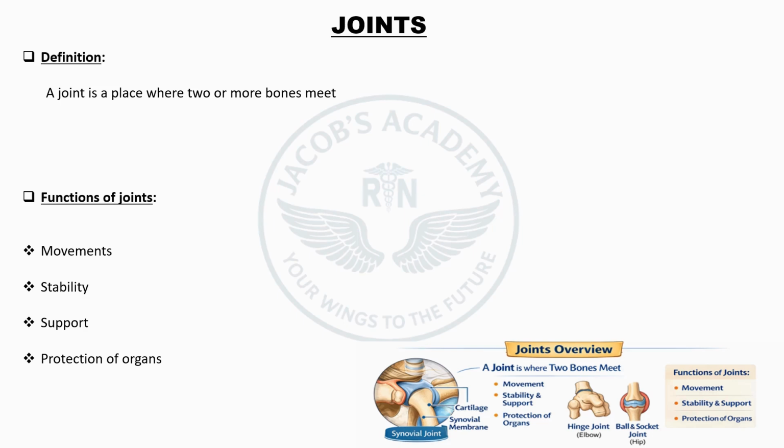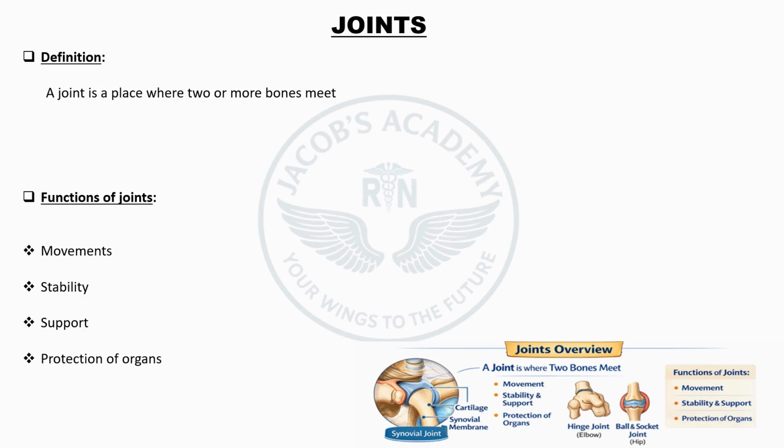Secondly, joints provide stability, particularly in weight-bearing areas such as the hip and knee. This stability helps maintain posture and balance. Thirdly, joints contribute to support by holding bones together and distributing weight, like body weight, efficiently.